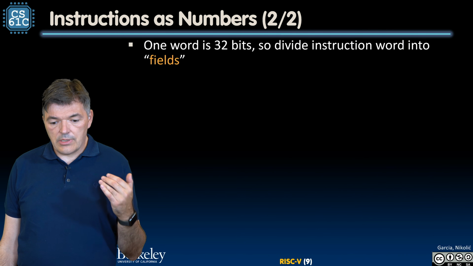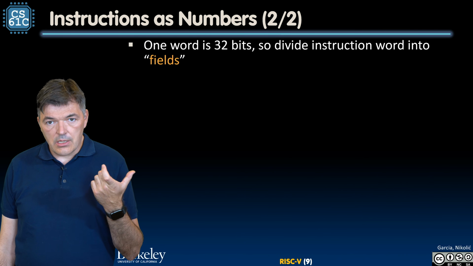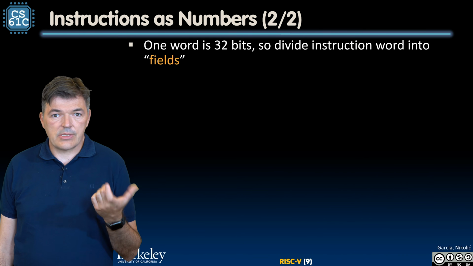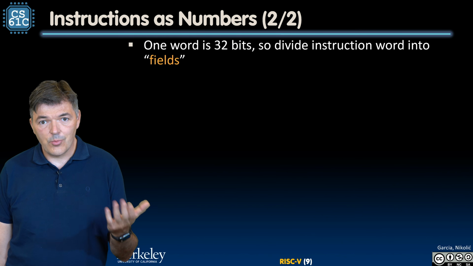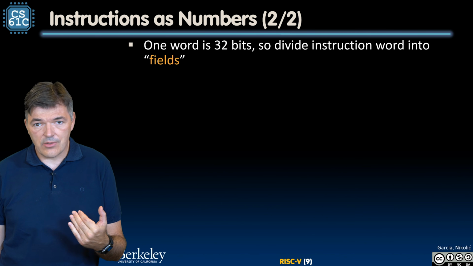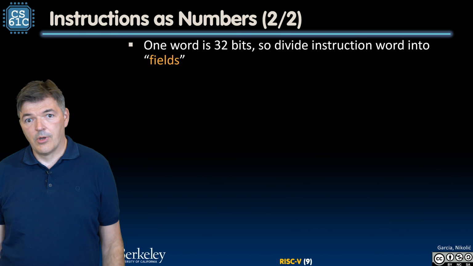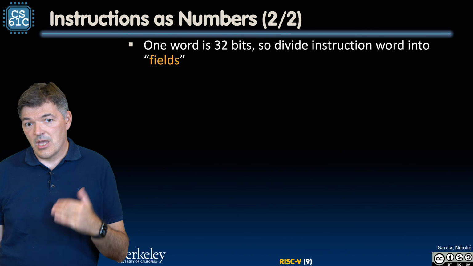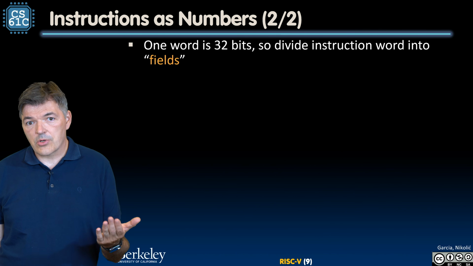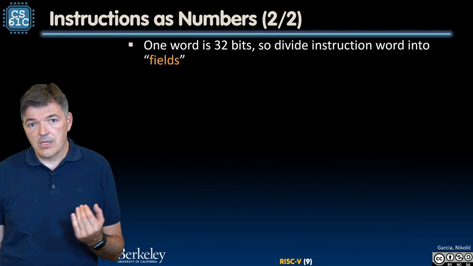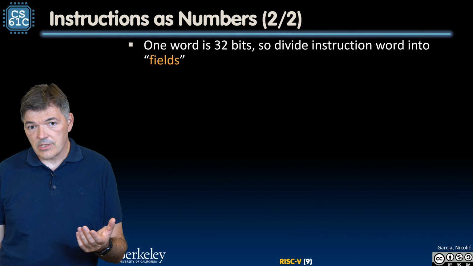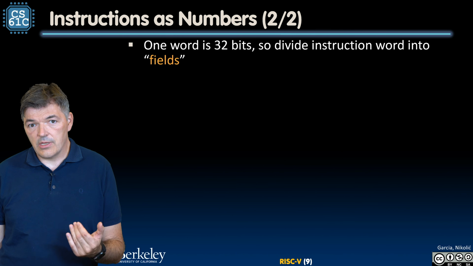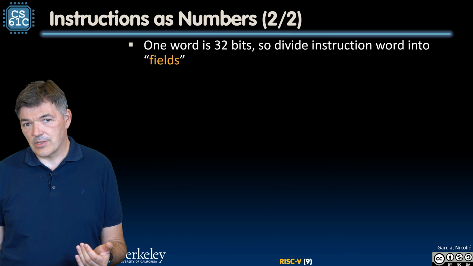Now, an important note is, how do we use these 32 bits? If we have 32 bits for representing instructions, that means that we can represent 2 to the 32 different instructions. So that's a lot, and we are not going to do that. We are going to design the instruction set and its binary representation such that it is convenient for a microprocessor to interpret it.